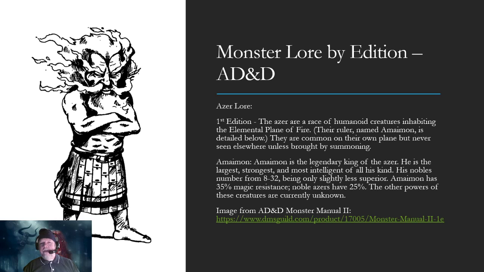They were first introduced in AD&D, or First Edition, for those who count things that way, which I believe came out in the 1980s. So, according to AD&D, the Azer are a race of humanoid creatures inhabiting the elemental plane of fire. And their ruler is called Amemon, I believe.